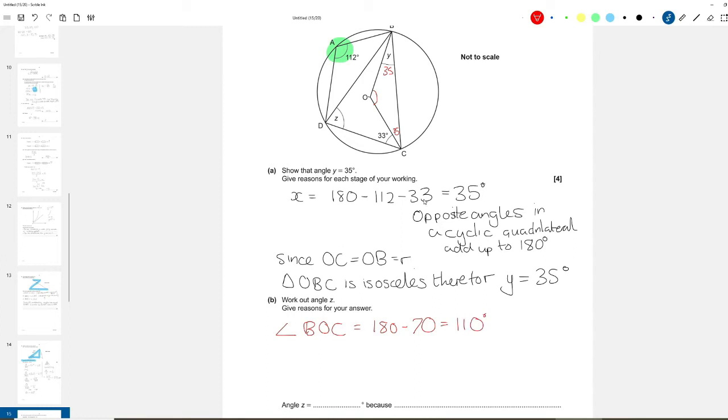That's the reason being that angles in a triangle add up to 180 degrees.